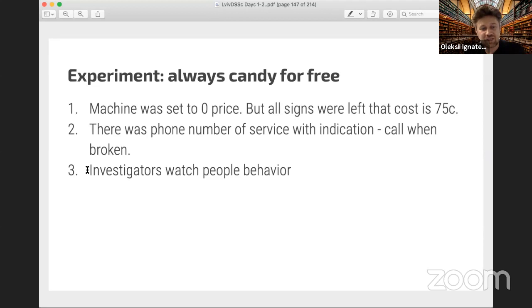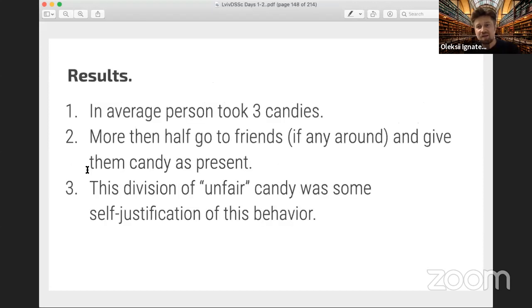And there were special investigators watching how people behave. Usually it was like this: a person came to the machine, dropped a coin, got candy, then dropped another coin, got another candy, then dropped another coin and got another candy. And then they suddenly realized that there's something wrong with the machine. But nobody actually called the service number.